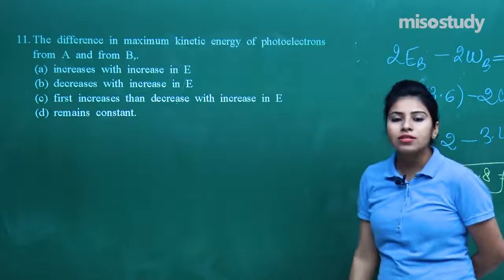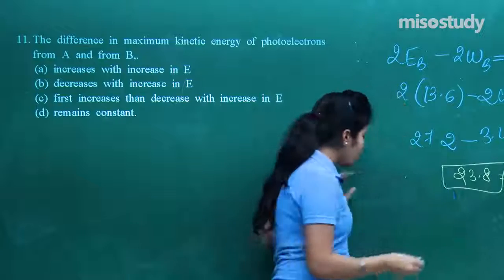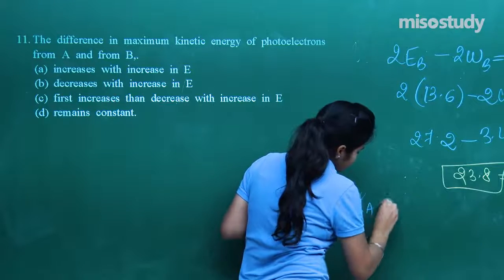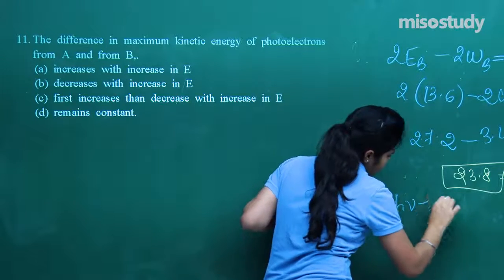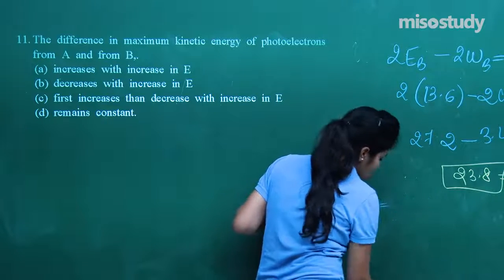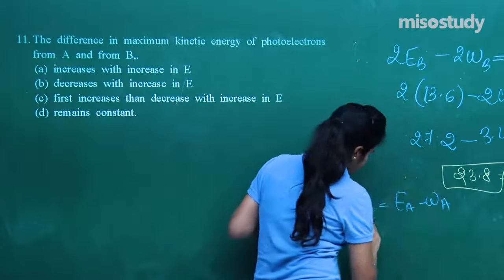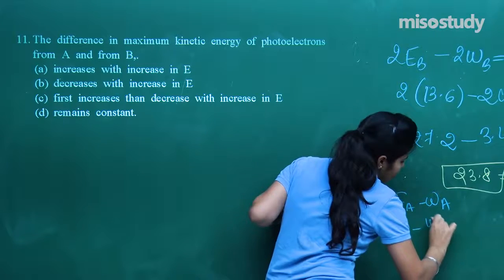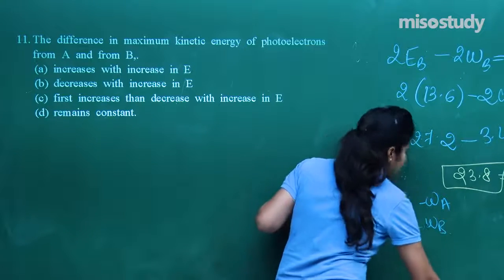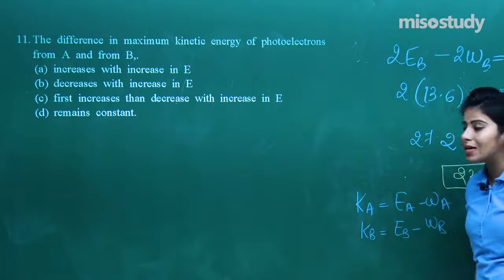The difference in maximum kinetic energy of photoelectrons from A and from B. You know that the difference of kinetic energy from A and B, the formula was KA, or you can write it as energy of A minus WA. KB was energy of B minus WB. In the question, they are saying the difference in maximum kinetic energy.